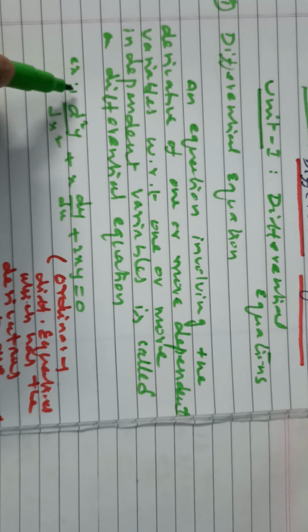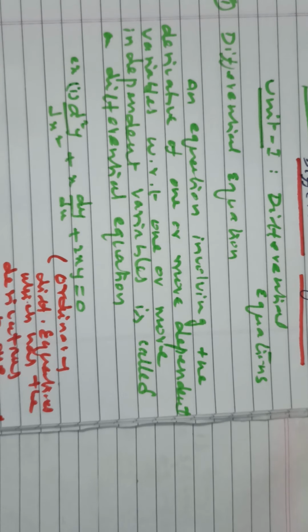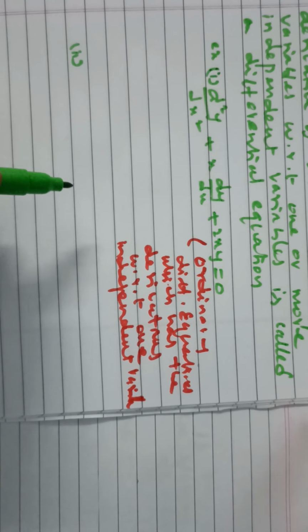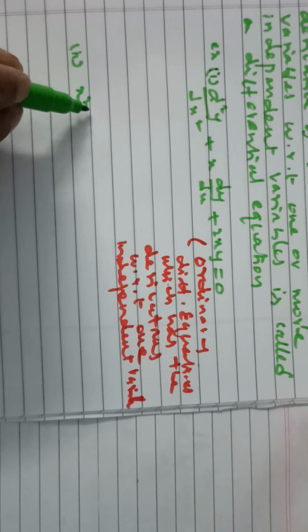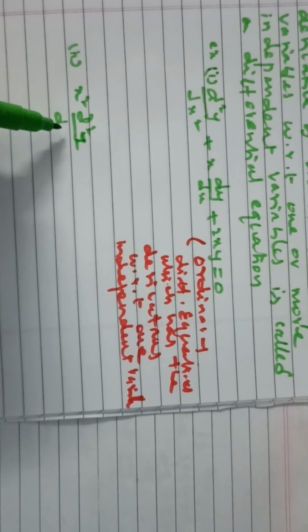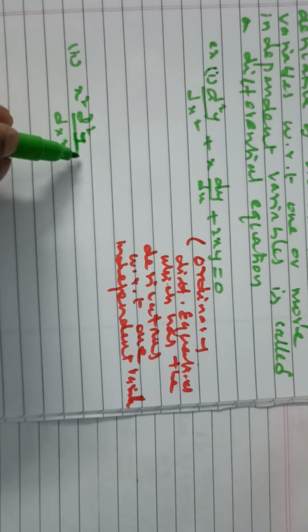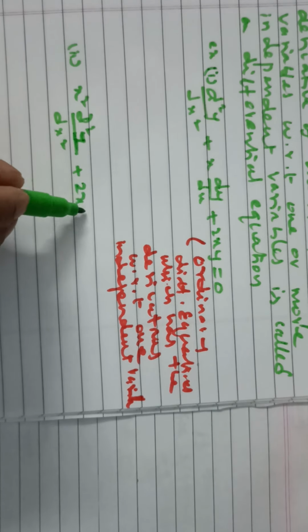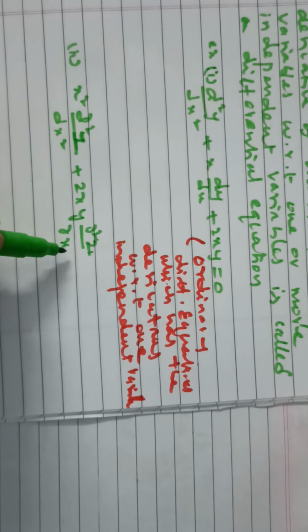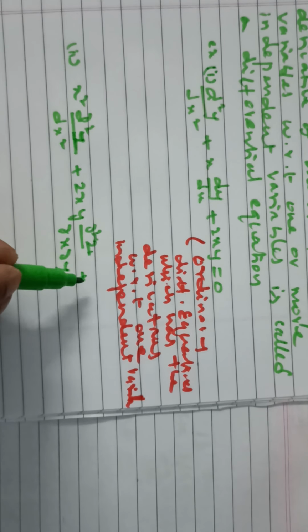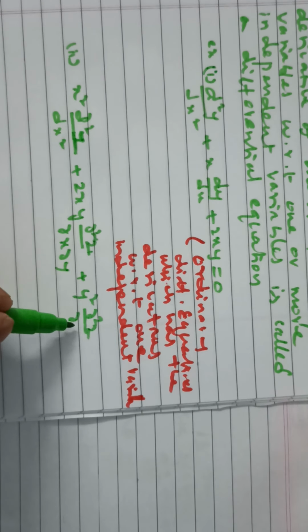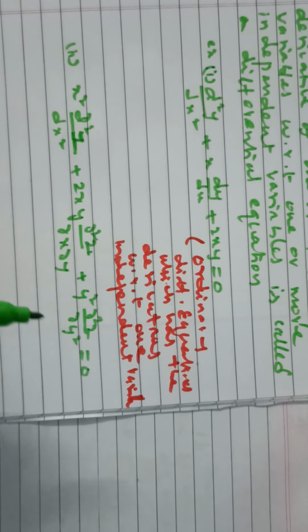The second one, x² ∂²z/∂x² plus 2xy ∂²z/∂x∂y plus y² ∂²z/∂y² is equal to 0.